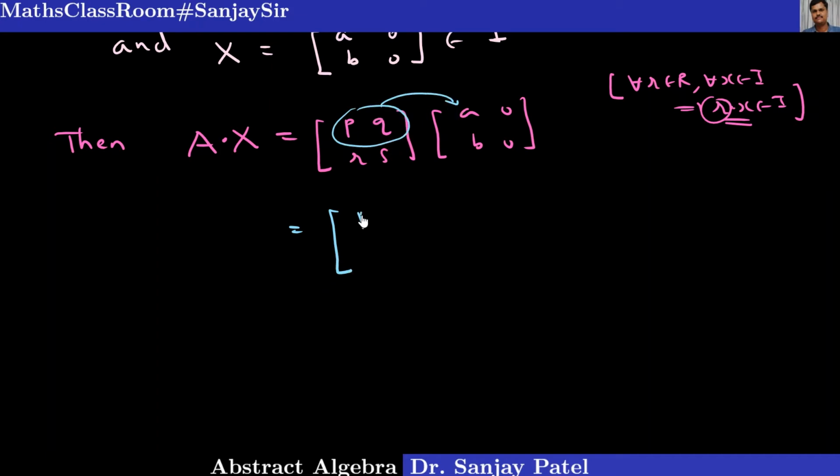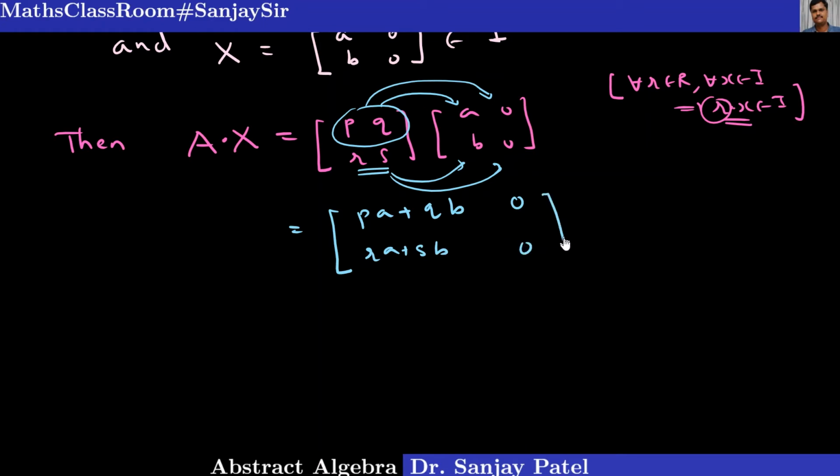So P into A plus Q into B. Then this row is multiplied with this second column. So P into 0 plus Q into 0. So it is 0. Then for the second row, we consider this second row of the first matrix and multiply with each of these columns, this and then this. So R A plus S into B, and then this will be definitely 0 as the second column is 0.